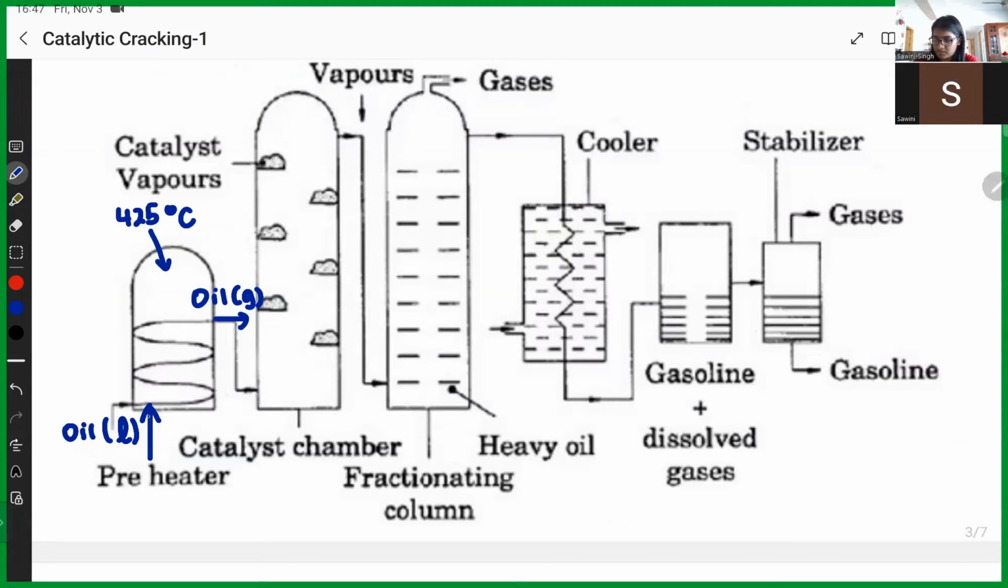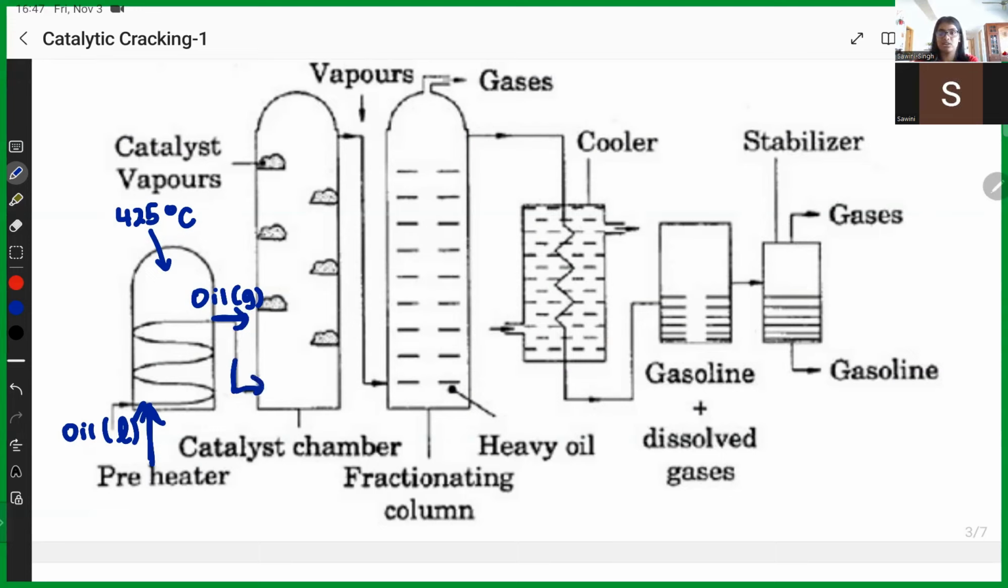So first what happens is the crude oil is fed in and the preheater, which is about 425 degrees Celsius to 450 degrees Celsius, will heat up the crude oil so that most of the crude oil out here is in its vapor phase. Then the crude oil is fed into a catalyst chamber.